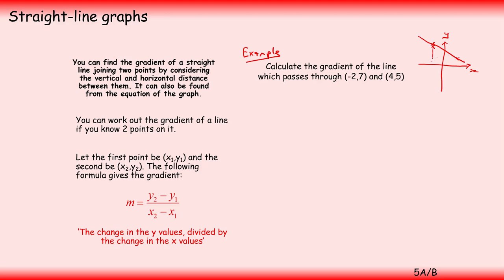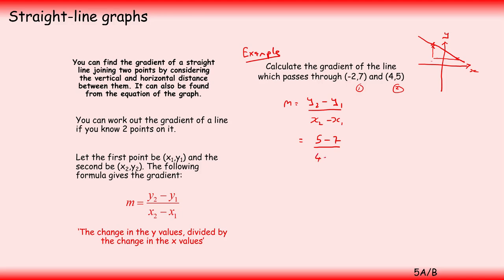I know I'm looking for my gradient there. Now I know my gradient m is equal to y2 minus y1, change in y divided by the change in x. Now it doesn't matter which coordinates I use. If we use this as coordinates 1 and this as coordinate 2, so y first, 5 minus 7 divided by 4 minus 2.